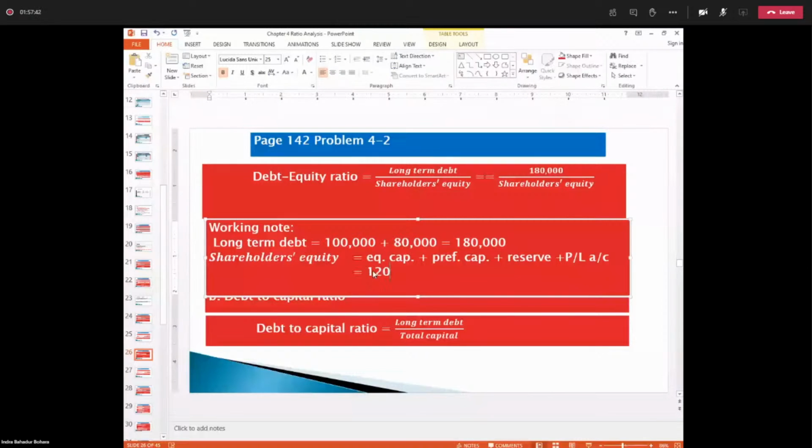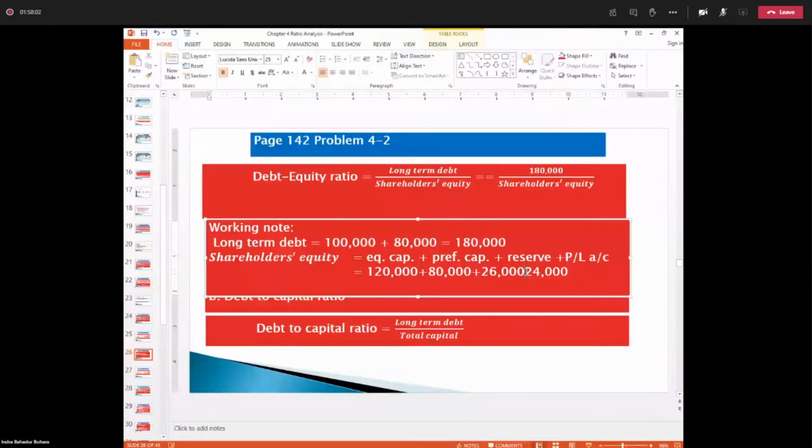Equity capital 1,20,000 plus preference 80,000 plus reserve 26,000 plus 24,000 P&L account minus unamortized expense 0.